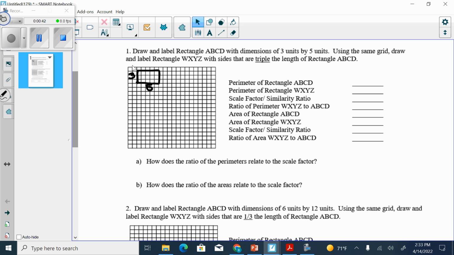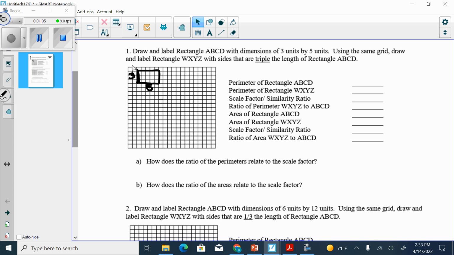Okay, it says using the same grid, they want you to draw and label a rectangle WXYZ with sides that are triple the length of the rectangle ABCD. Well, if I triple this side right here that was 3, what is it now? 9. If I triple the side that was 5, what is it now?